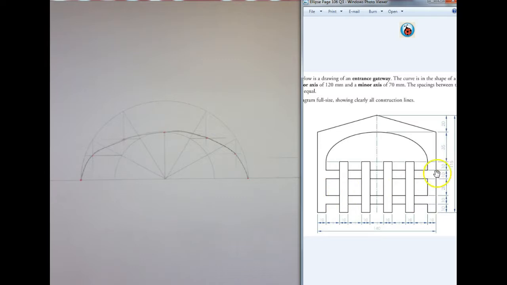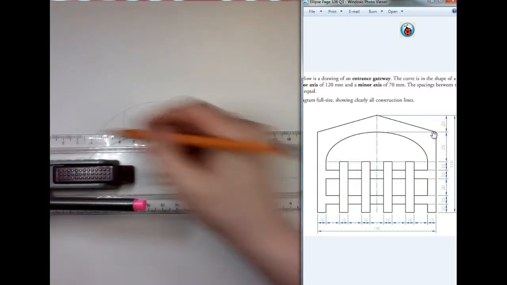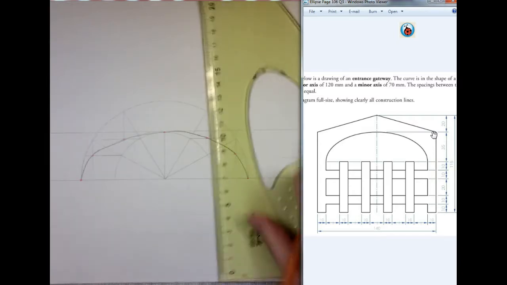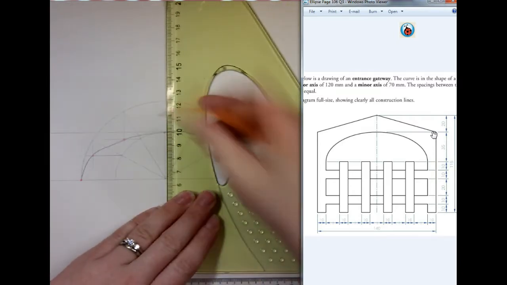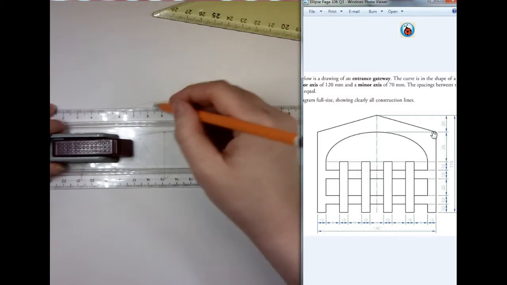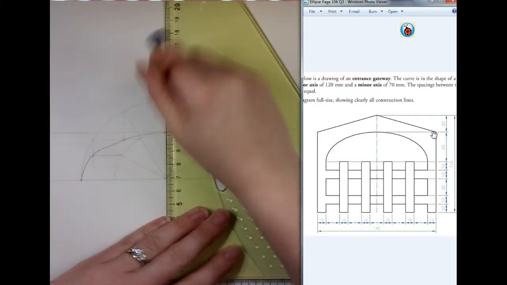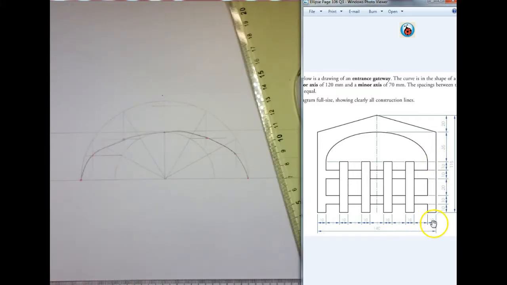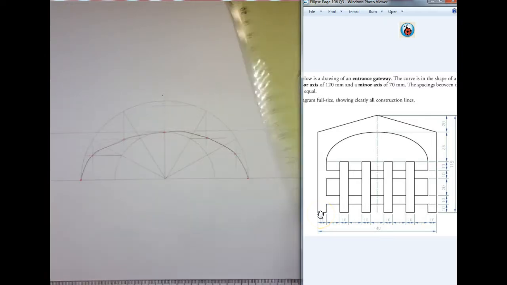Now we need to draw the rest of the shape. We have a 35, which we already have here, so we're going to go vertically across. And I'm told to measure up 20 on top of that. Now at the side, we're told we have a 10 and a 10.